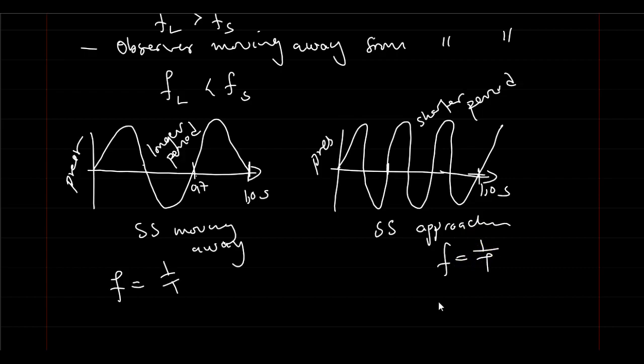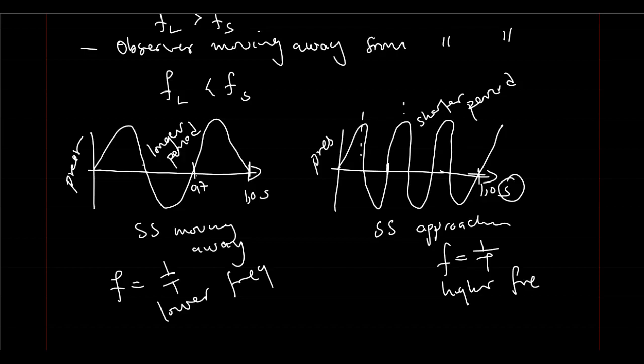Also wavelength: if on my axis I had distance, it was going to be a shorter wavelength. But because I have seconds, I have time, so I'm talking about period. So here I have higher frequency, and in here I have lower frequency.